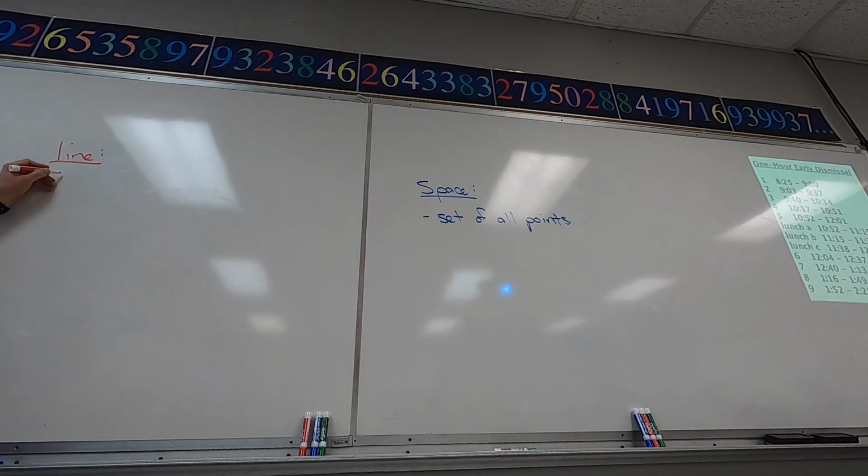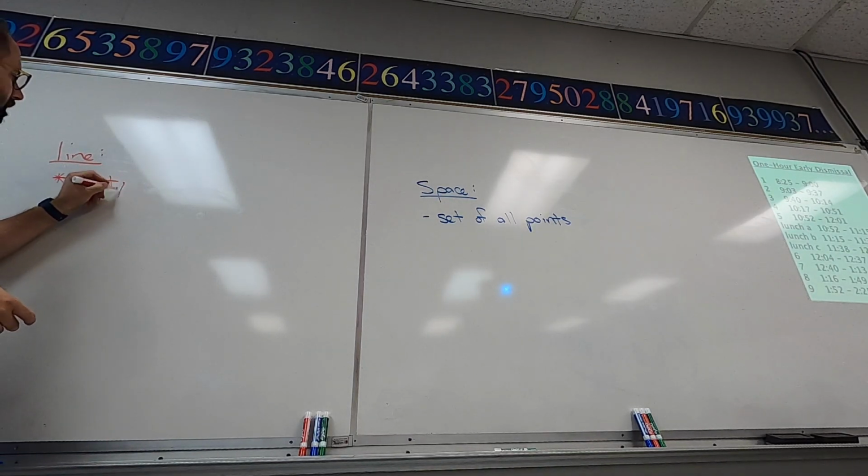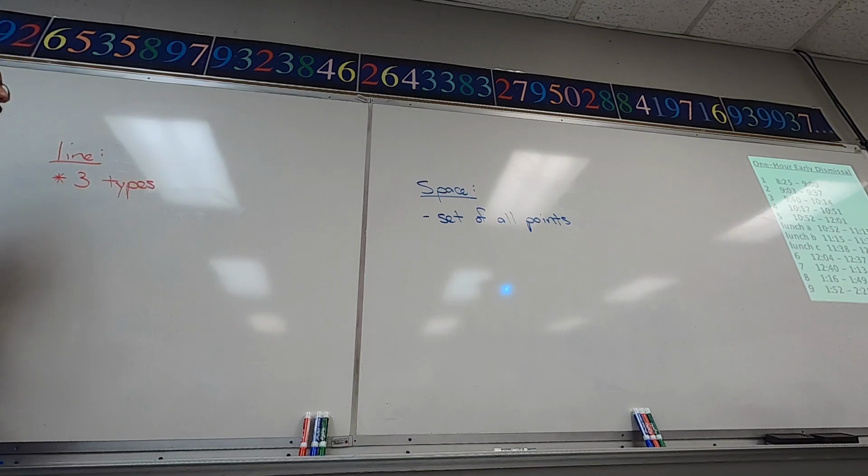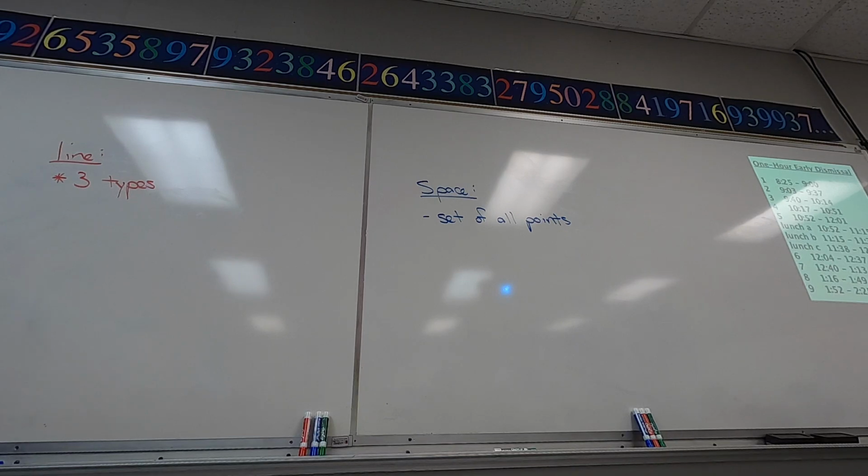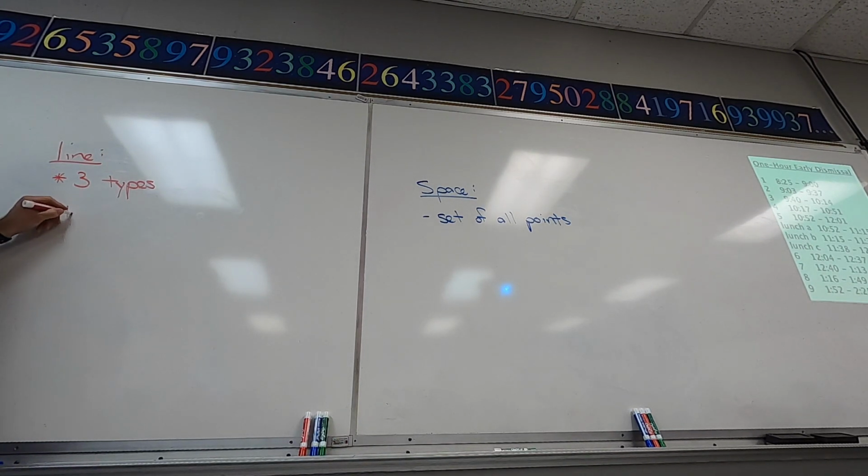In fact, this is a thing that we're going to get in the second section. There are three types of geometric lines, like the shape itself. The first one we're going to talk about is self-titled. It's just called a line. This is the first one we're going to learn. Let's go through the definition of it.